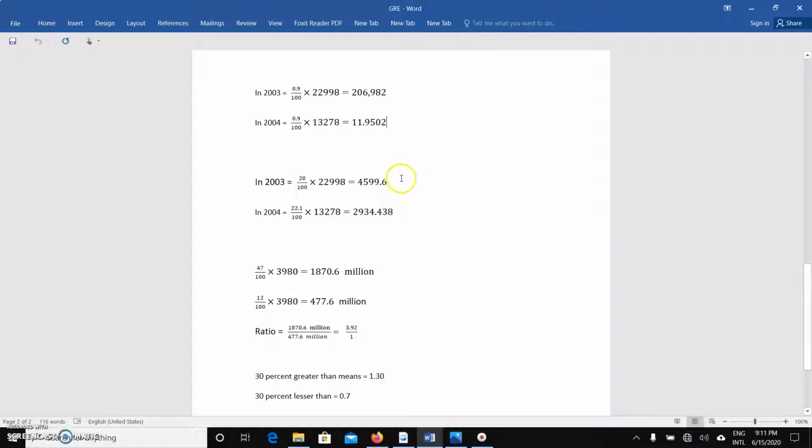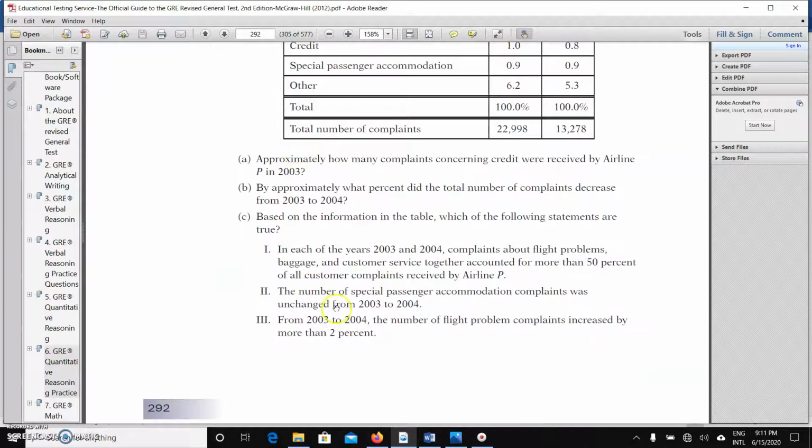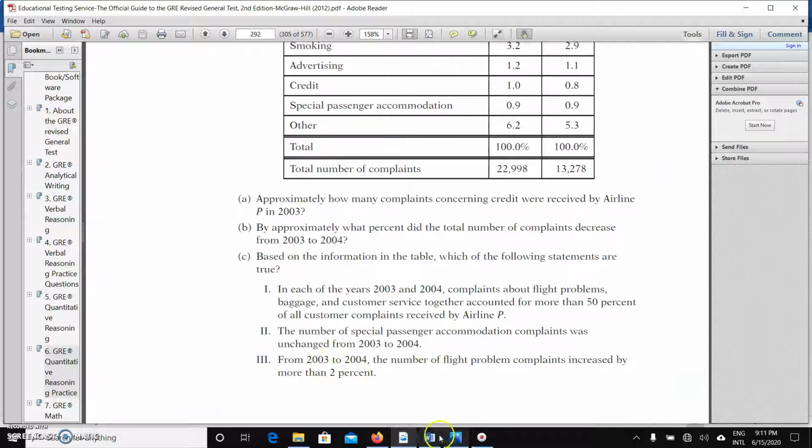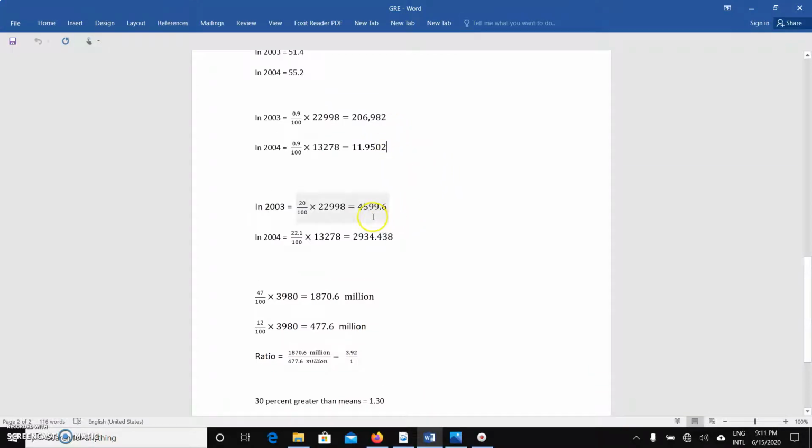So now, it's obvious from here that there is no increase, there is actually a decrease, because look at this: 4,599.6, this is 2,990. This is 2003, so that means there's a decrease, not an increase. So that means it's false. That's the reason why it's false.